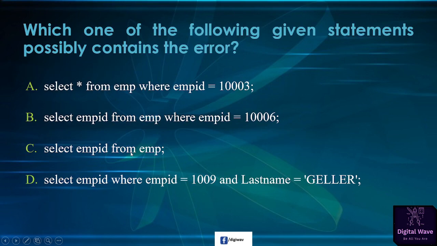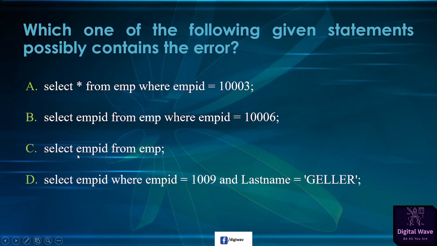Next question is, which one of the following given statements possibly contains an error? So first option available here, select star from employee, where employee ID equal to 10,003. Second option is select employee ID from employee, where employee ID equal to 10,006.